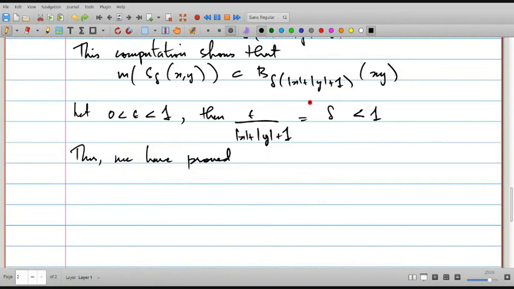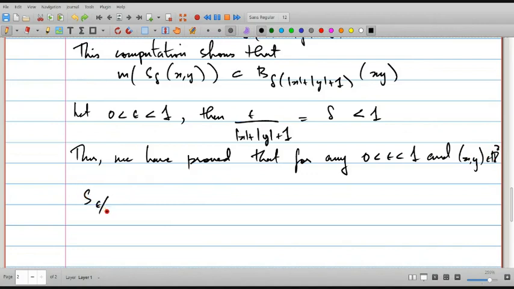So by substituting this value of delta, that for any epsilon between 0 and 1 and x comma y in R2, this open set x comma y is contained in M inverse of P epsilon xy.